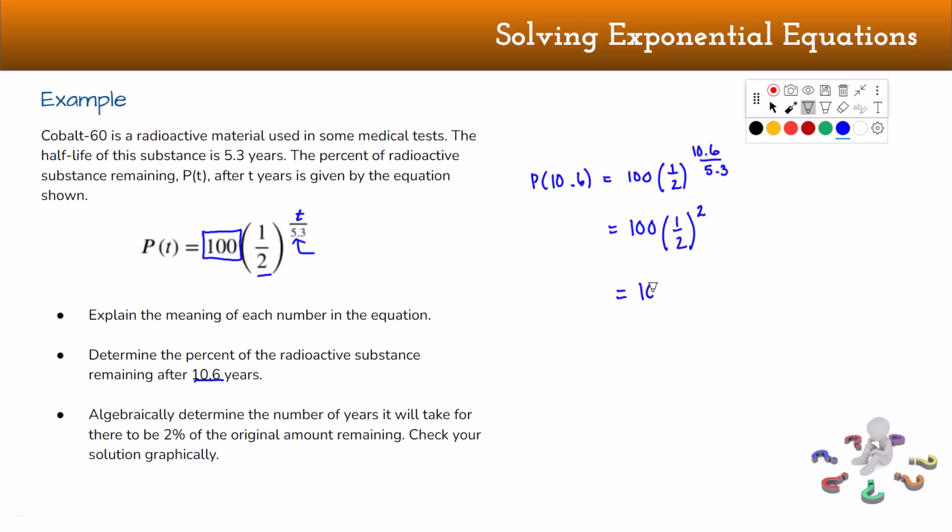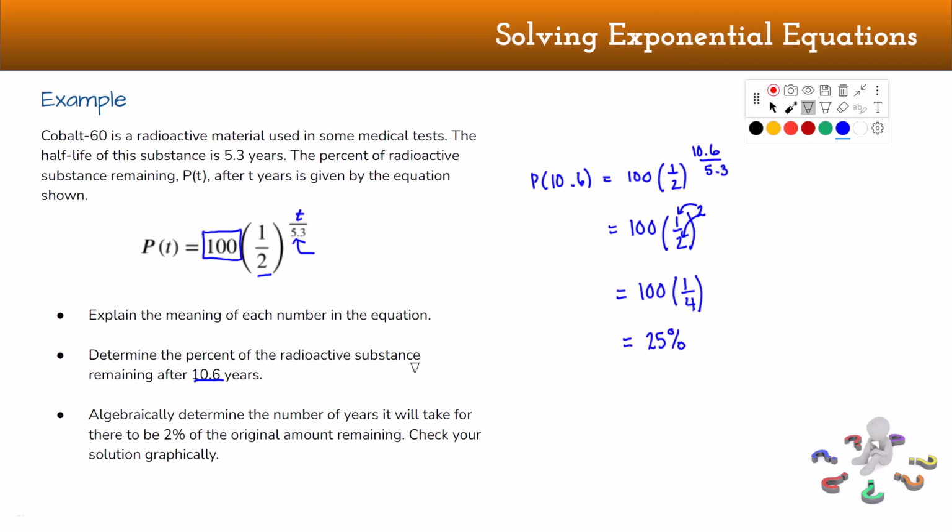And so 1/2 times 1/2, well, that 2 gets applied to the 1 and the 2, which makes it 1/4. And 1/4 of 100 is 25. So in other words, after 10.6 years, or 2 cycles, only 25% will be left.